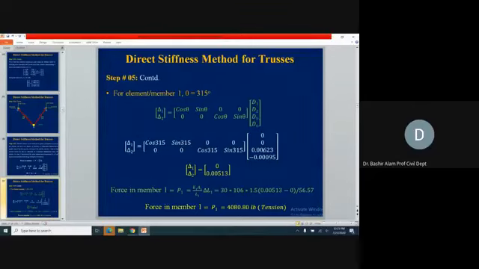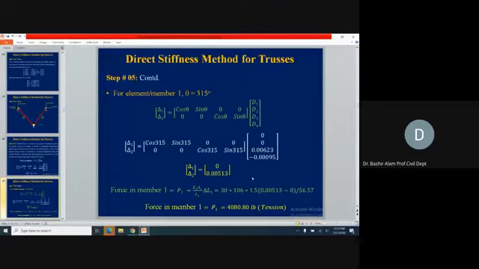Instead of D5, I'm putting 0.00623. All these numbers are known now, so delta 1 is coming 0. We don't have any elongation there or any decrease in size. But delta 2, at the free joint, is coming 0.0053. This is in the local coordinate system.